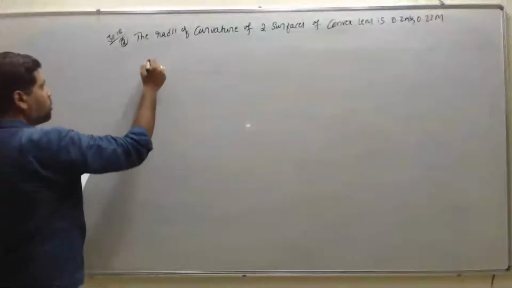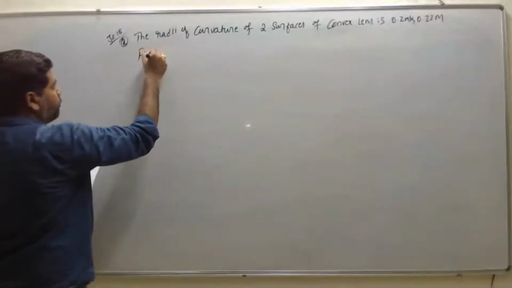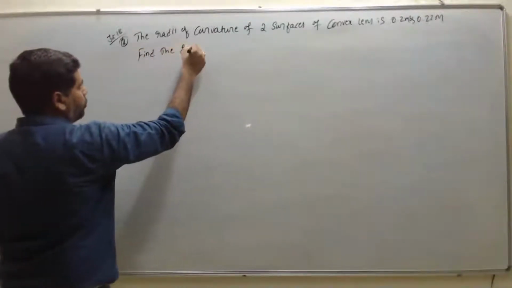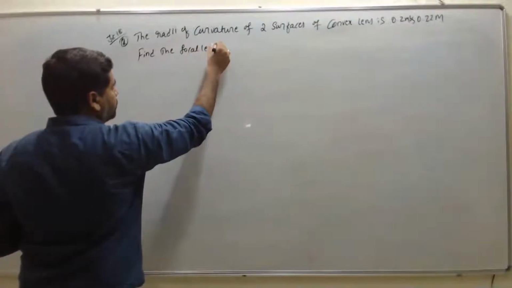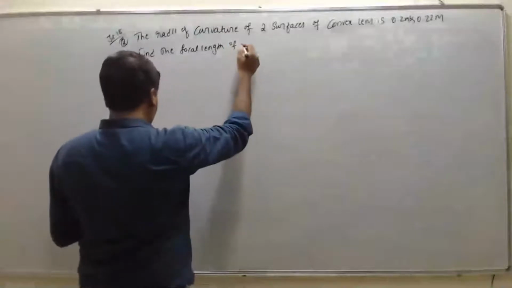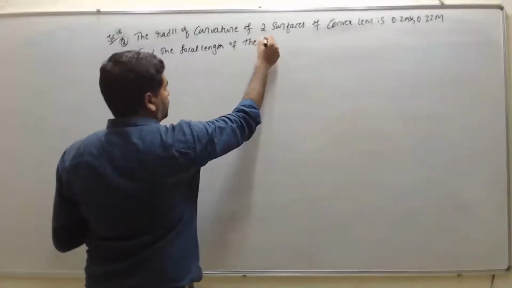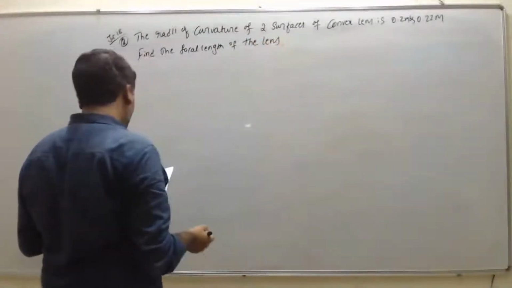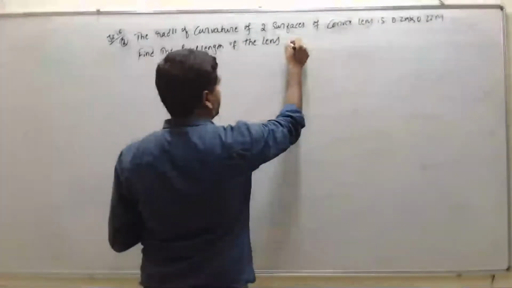Find the focal length of the lens if the refractive index of the material of the lens is 1.5.